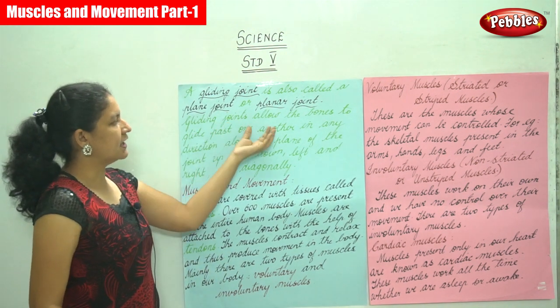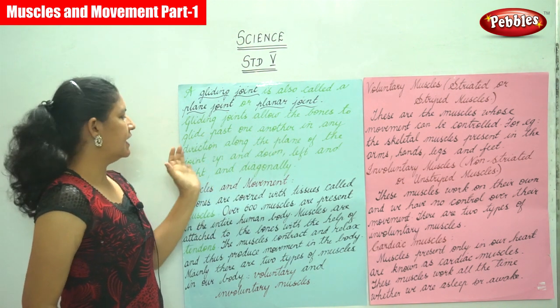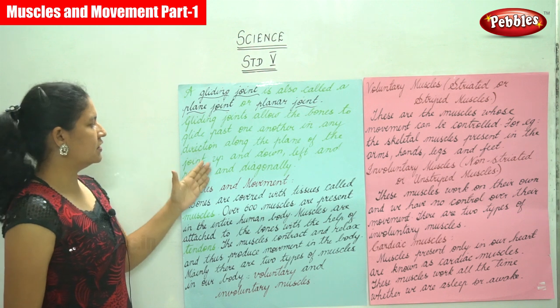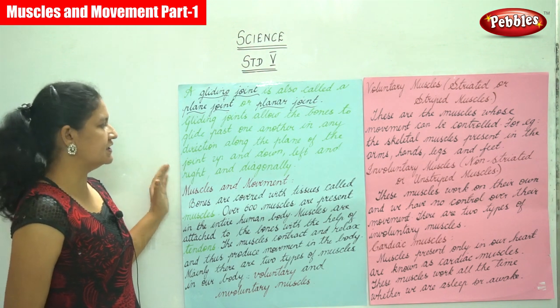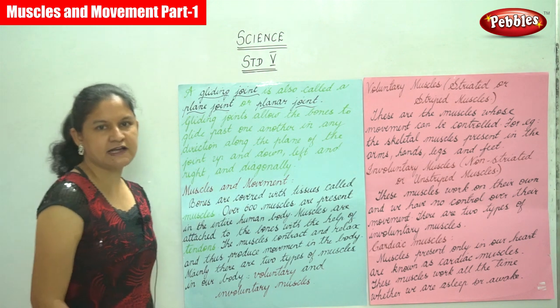Gliding joints allow the bones to glide past one another in any direction along the plane of the joint, up and down, left and right, and diagonally.